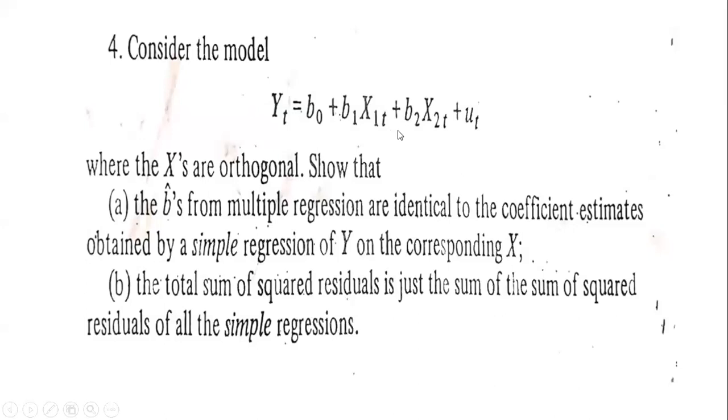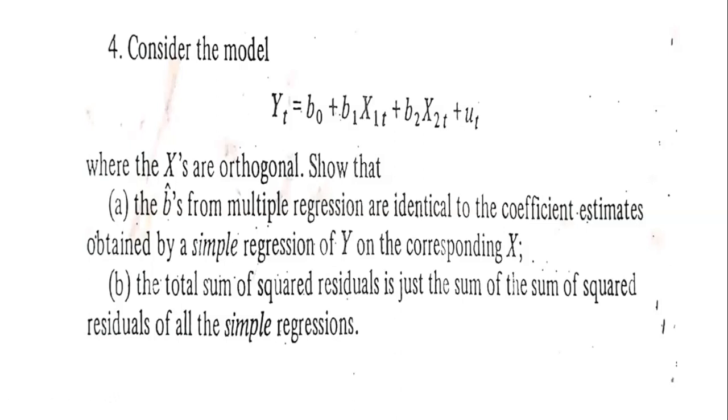What this question is trying to show is that the total residual sum of squares for x1t and x2t should be equal to the sum of squared residuals for all the regressors, that's x1t and x2t. Now let's walk through a solution.